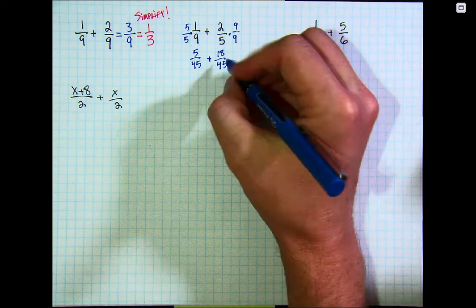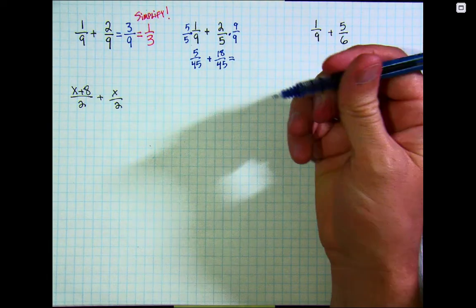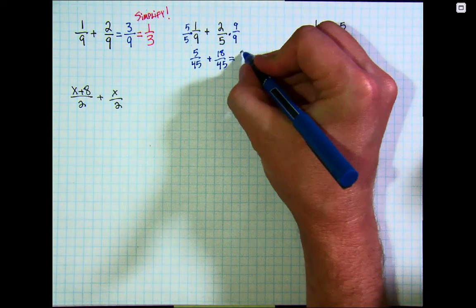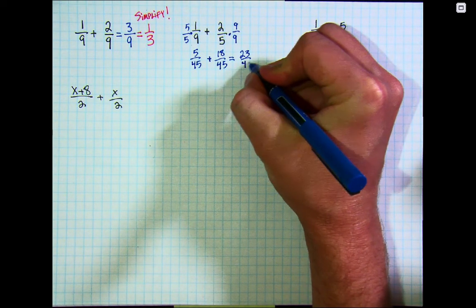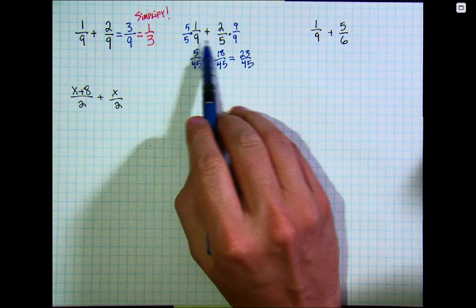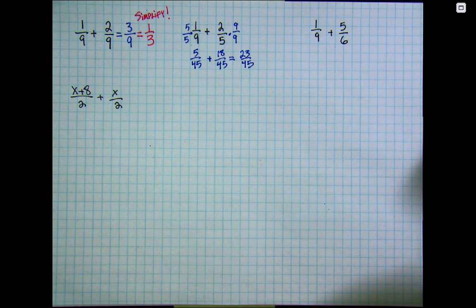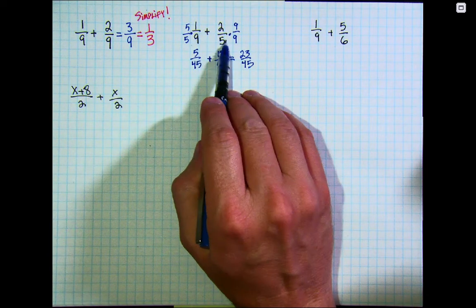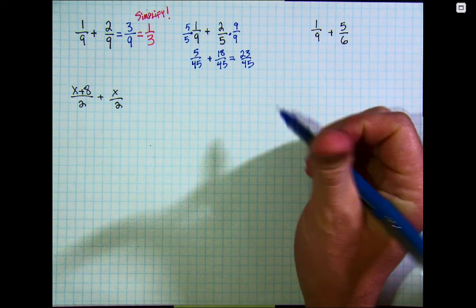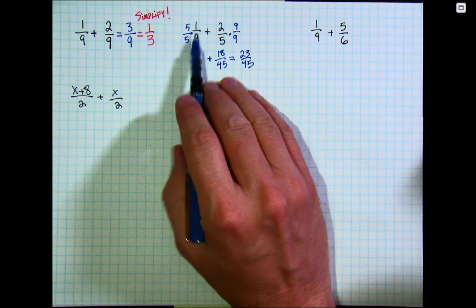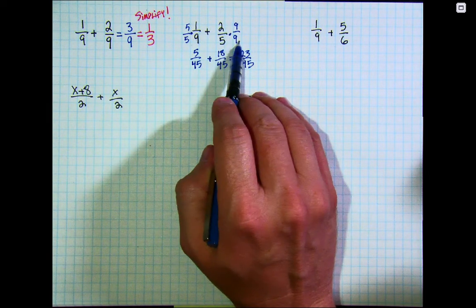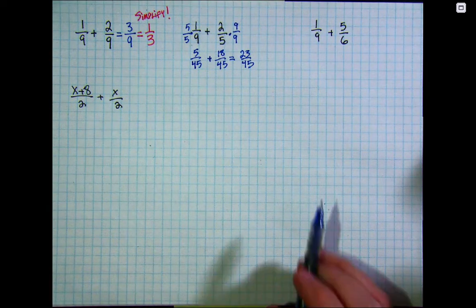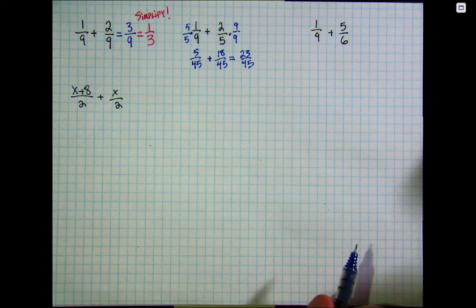And now we have the common denominator that we desired, and we can proceed accordingly. So you can create common denominators by just multiplying both denominators by each other, basically. And of course, if you multiply the bottom by 5, you've got to multiply the top by 5. If you multiply the bottom by 9, you've got to multiply the top by 9. But this is elementary stuff.